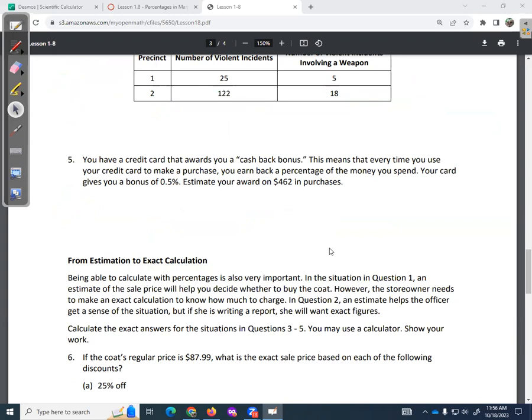Estimate the reward you're going to get on $462. So what's 1% of 462 about? 1% of 400 would be? What's 1% of 400? 4. Yeah, we get 0.5%, like 2. Yeah, there's a good estimate.